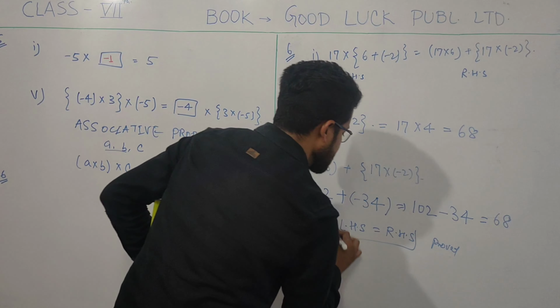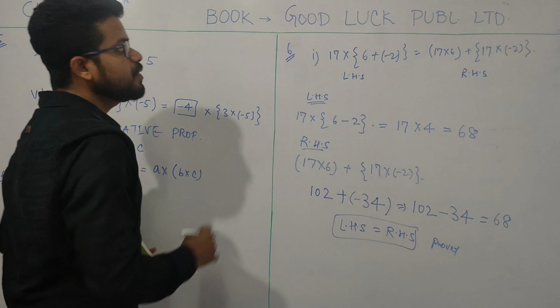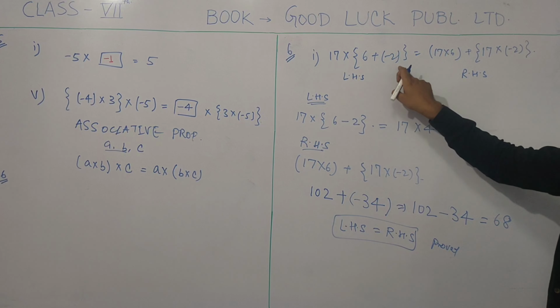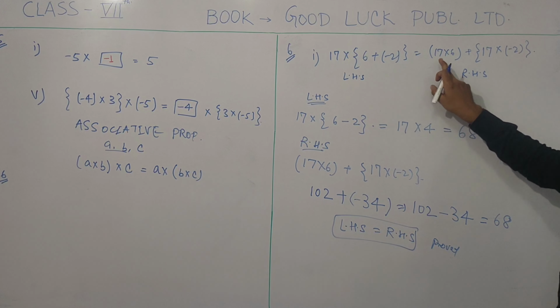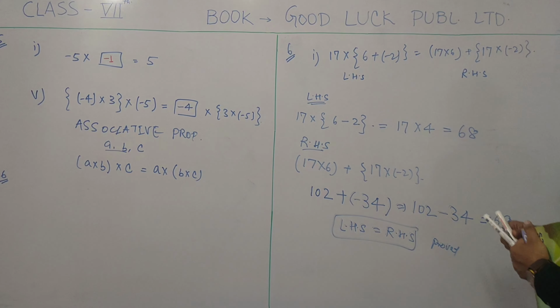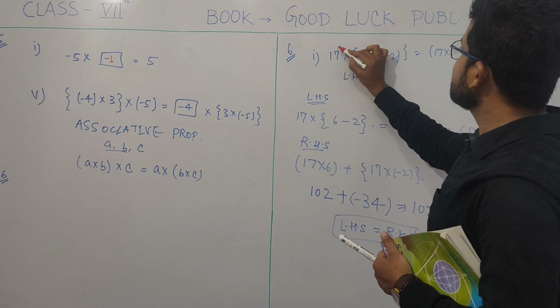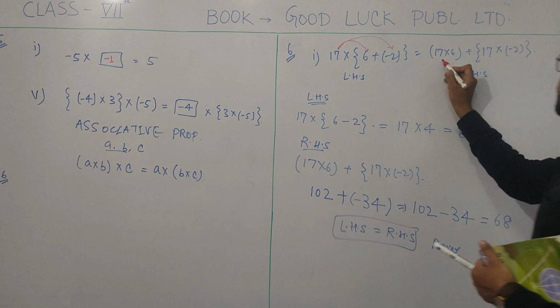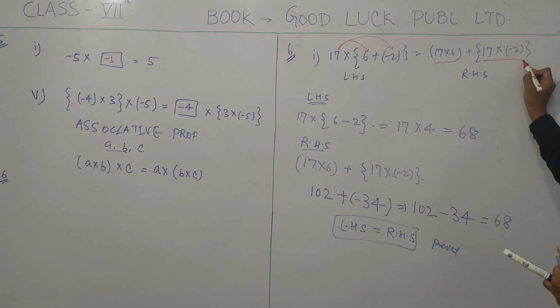Okay. Now also look at this question. This is 17 into 6 plus minus 2 in the whole bracket, and this one is 17 into 6, 17 into minus 2. Here 17 is multiplied by first this number, then this number, 17 into 6 and 17 into minus 2.